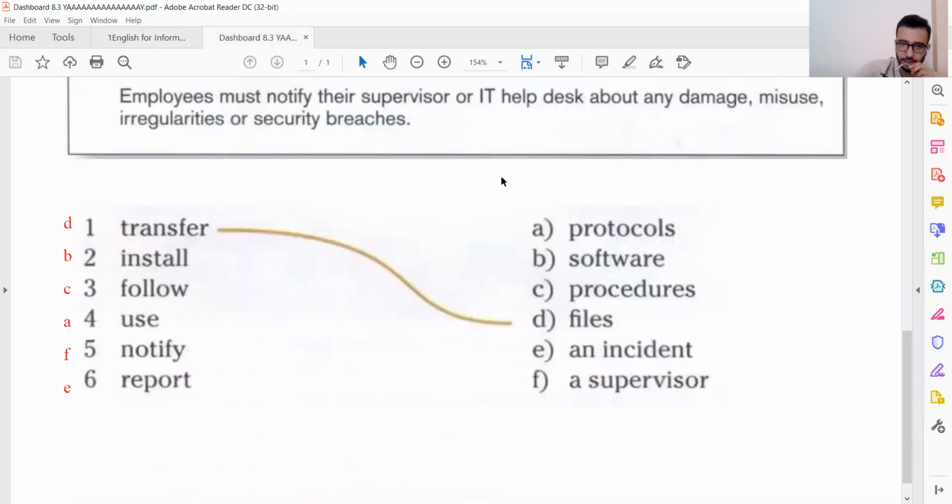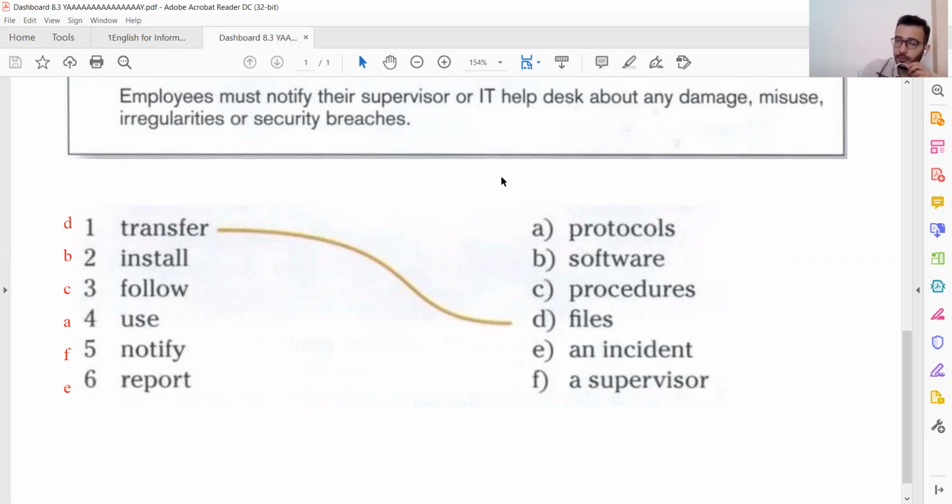طيب نرجع نحلهم تاني. Transfer files، install software نزل طبعا transfer files ينقل ملفات. Install software ينزل برنامج. Follow procedures يعني يتبع الإجراءات. Use protocols يعني يستخدم البروتوكولات.